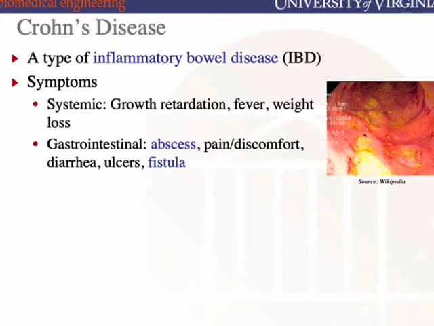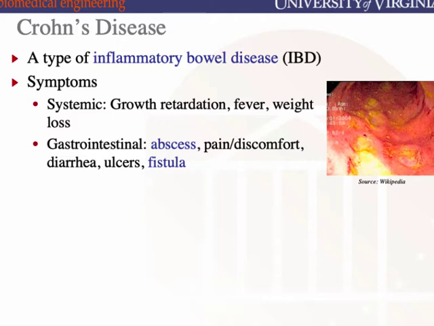Obviously, it causes a lot of pain and discomfort in your GI tract. It can cause diarrhea, ulcers, as you see here on the right, and maybe that one up there. And if the ulcers continue to develop, it can cause these things called fistulas, where the ulcers literally begin to develop so extensively that they begin to form tunnels and tracts, okay?